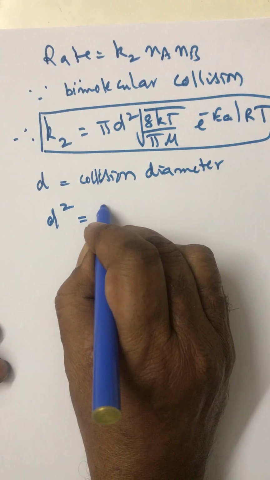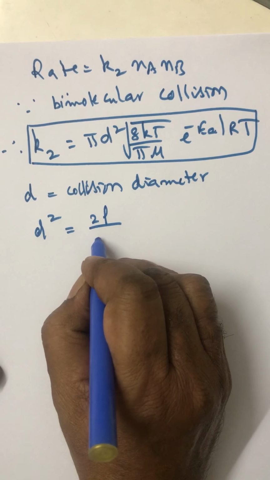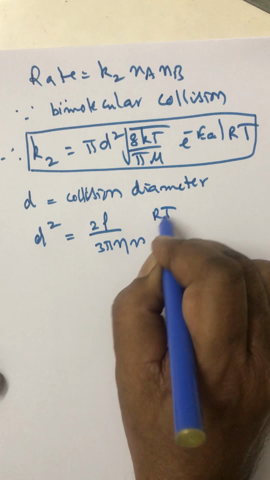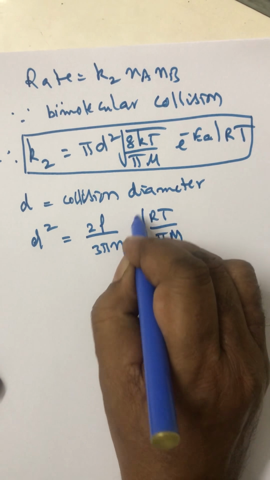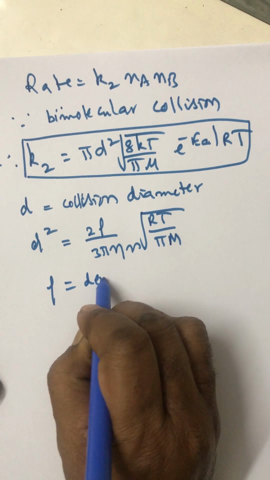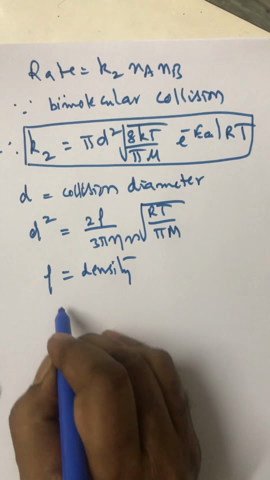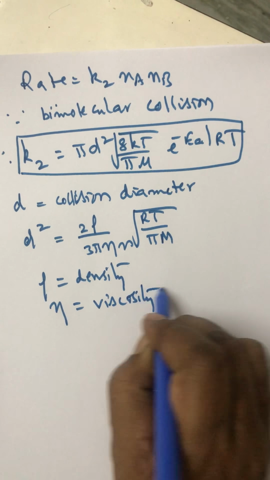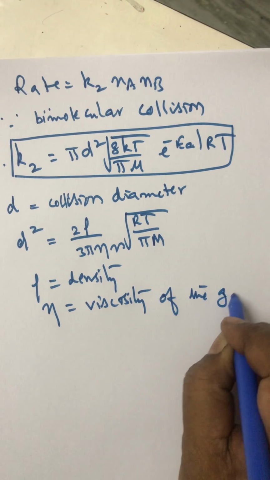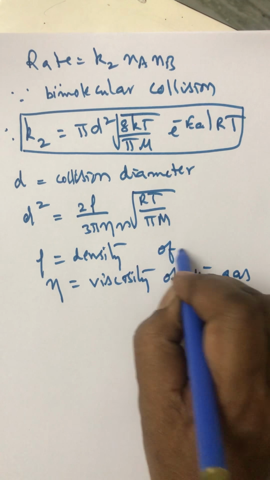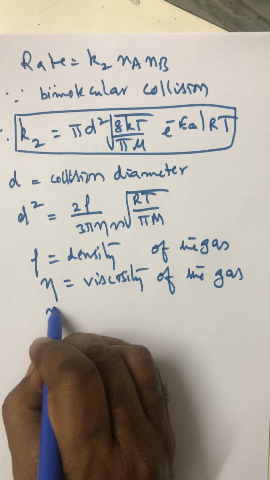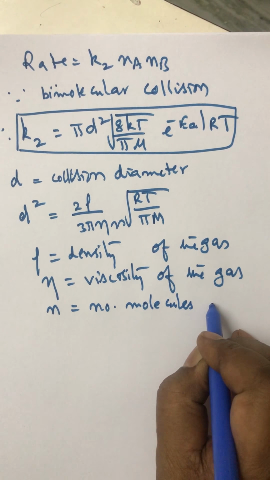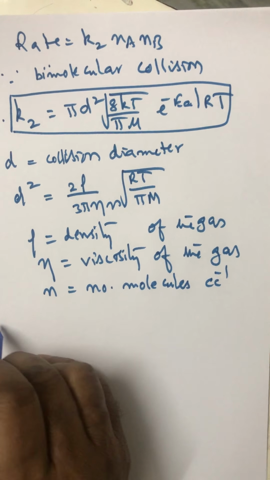D square is equal to 2 eta by 3 pi, root of pi m by RT, where rho is the density term, eta is the viscosity of the gas, and rho is the density of the gas, where N is the number of molecules per cc.